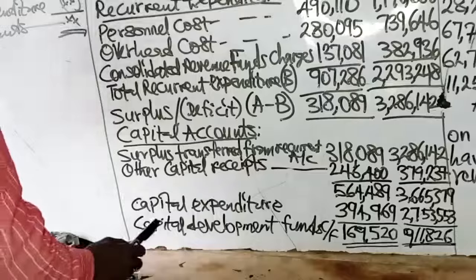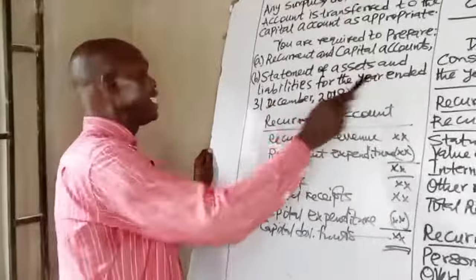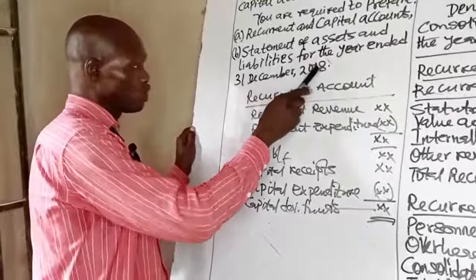Then if you go back to the second part of the question, you have to prepare the statement of assets and liabilities for the year ended 31st December 2018.